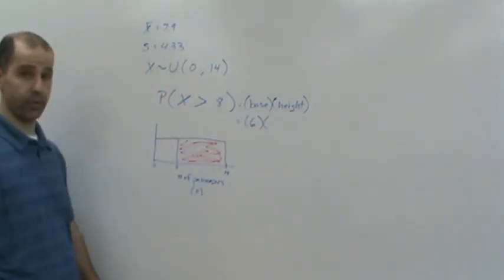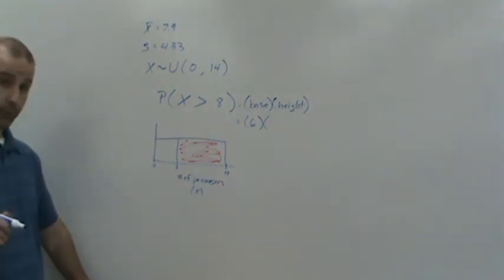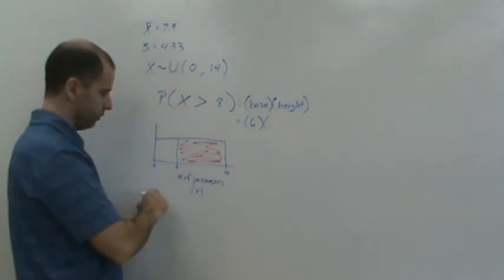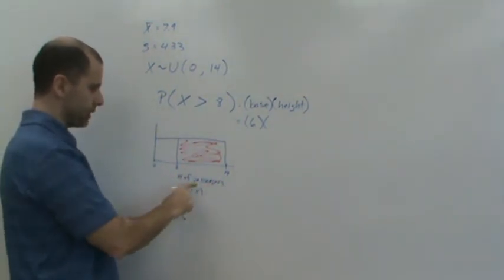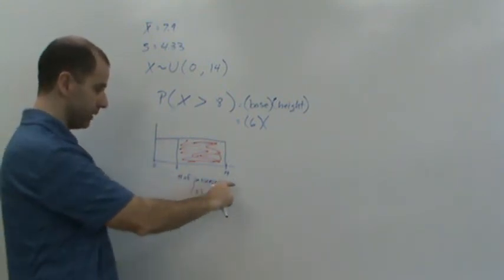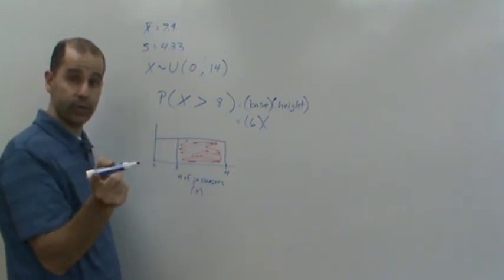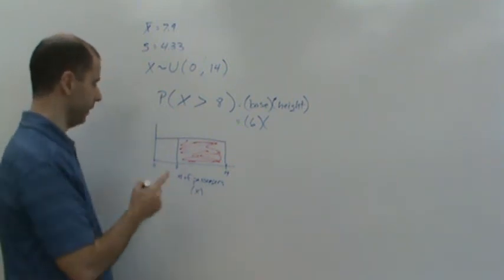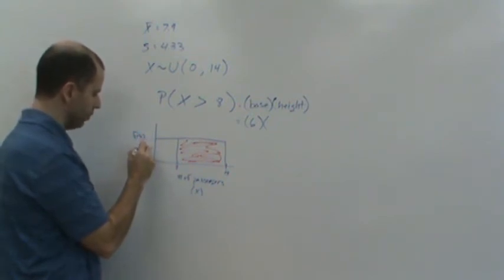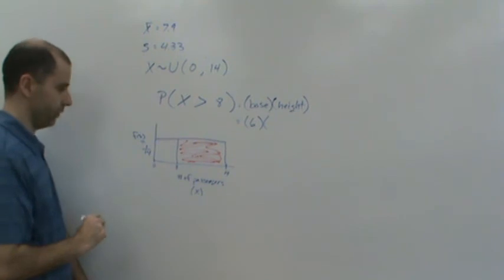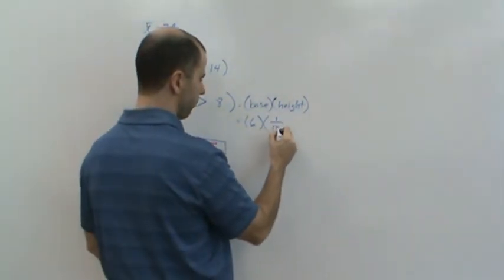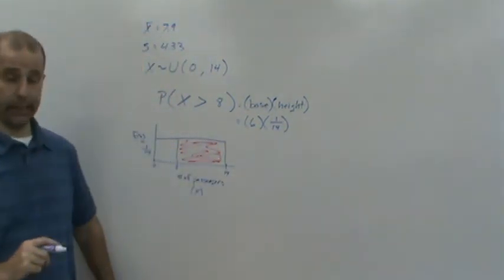Now, what's the height of this rectangle? Well, remember the formula for the height, right? What's the base of this whole rectangle? The base is 14. Well, what does the height have to be in order for this area to add up to 1? It has to be the reciprocal, 1 over 14. So this f of x has to equal 1 over 14. So that's the height of the rectangle. So this will always be, for this problem, 1 over 14.